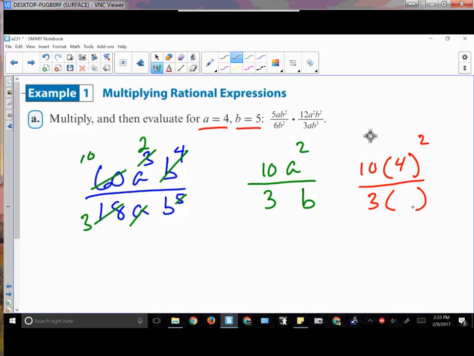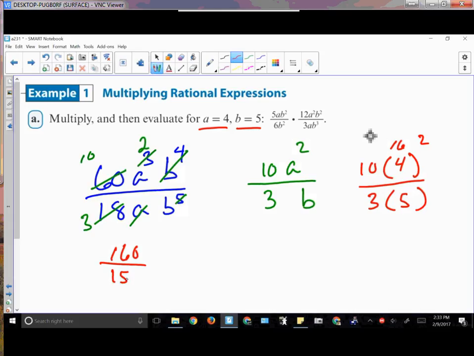What's the b? 5. Yeah. So when I look at this, what's 4 squared? 16, correct? 10 times 16 is 160. On the bottom, 3 times 5. Well, that's going to be 15.